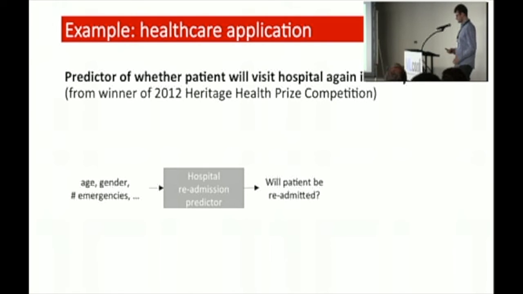What the algorithm does is that it takes in some features about patients over the last few years, so their age, their gender, the number of times they went to the hospital, for what kind of treatment, and so on. And then it tries to predict whether in the following year a user will be readmitted to the hospital or not, or how many times.